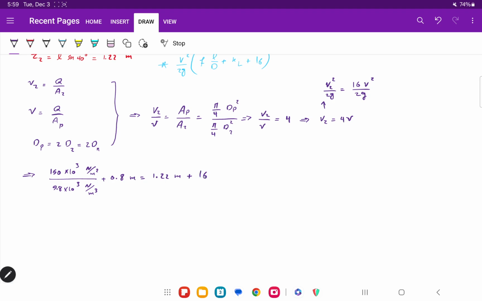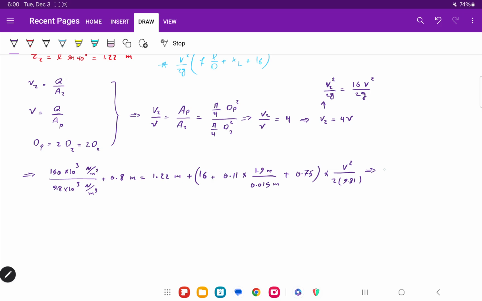So plus f 0.11, length 1.9, diameter 0.015 meters, L over D, plus K_L 0.75, times V square over 2g.